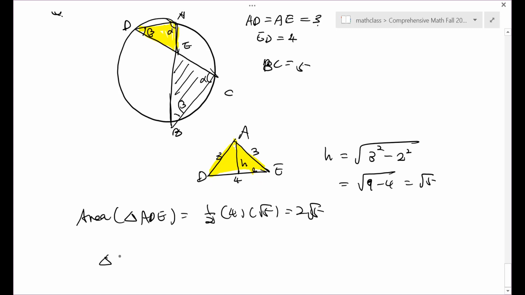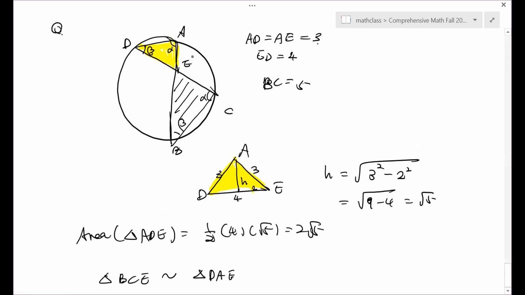So the triangle BCE is similar to the triangle DAE, okay? So if the two triangles are similar, then, yeah, let's put a mark here.